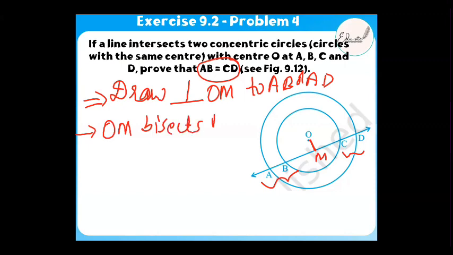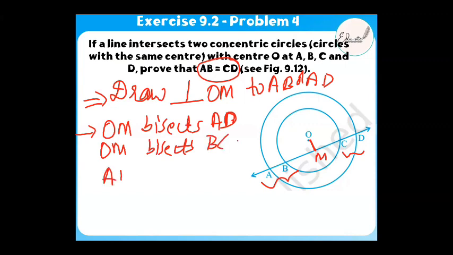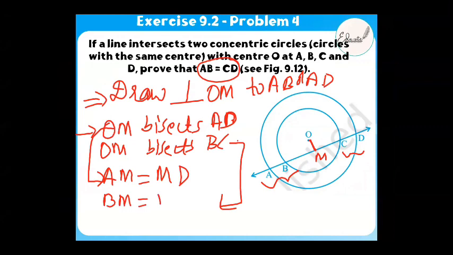OM bisects AD, and OM bisects BC also; there are two chords here. So what will AD become? AM is equal to MD, correct? Yes. Sorry, not AB, for AD it will be AM is equal to MD, and for BC, BM is equal to MC, right?